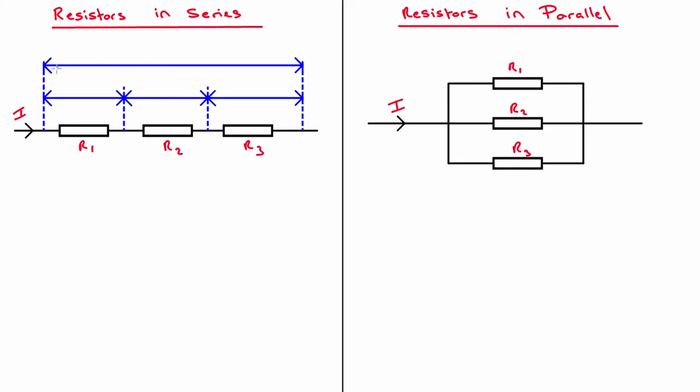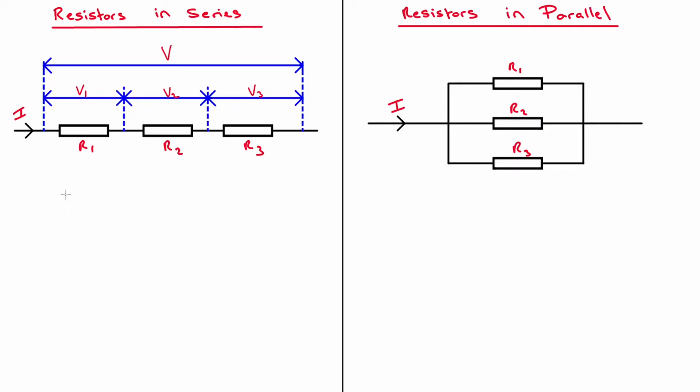Now if we call the total potential difference across these three resistors V volts, then the PD across resistor 1 we'll call V1, across resistor 2 V2, and across resistor 3 we'll call that a potential difference of V3. What we know is that when components are connected in series, the total volts are shared between the individual resistors.